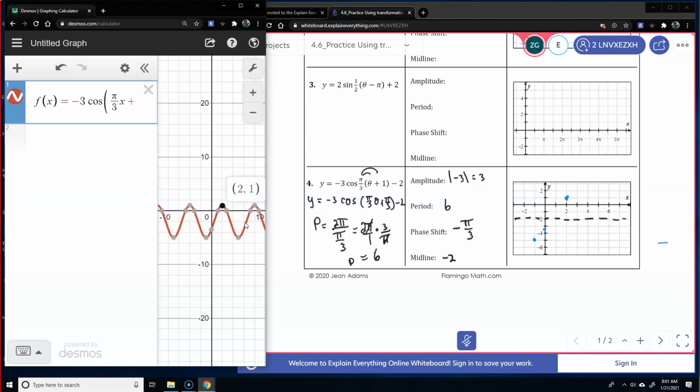So that's 2, 1. So the next intercept is 1.1970, so it's right here. And then we have it intercept here. So the lowest point again is 5, -5.